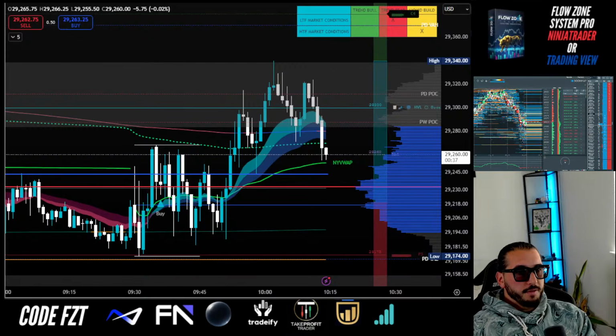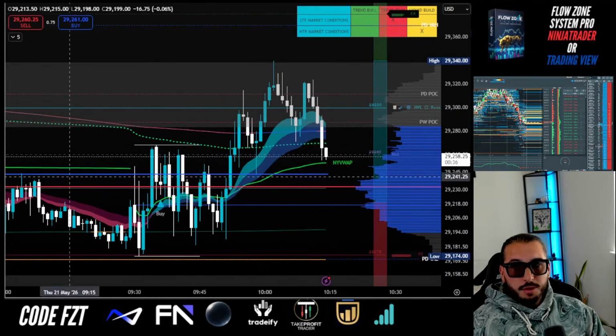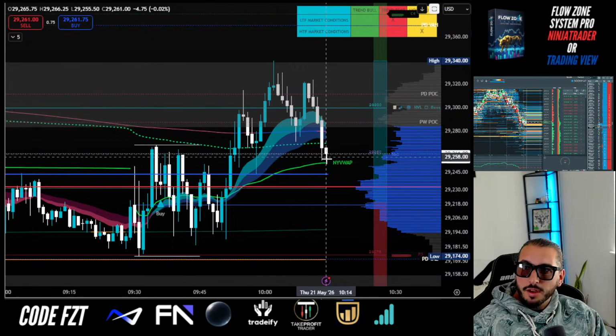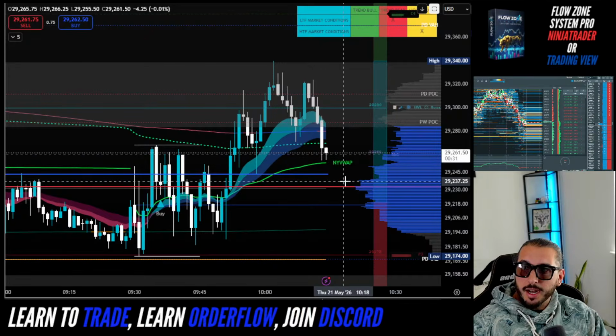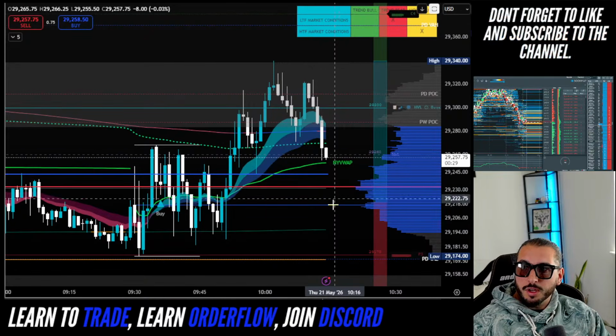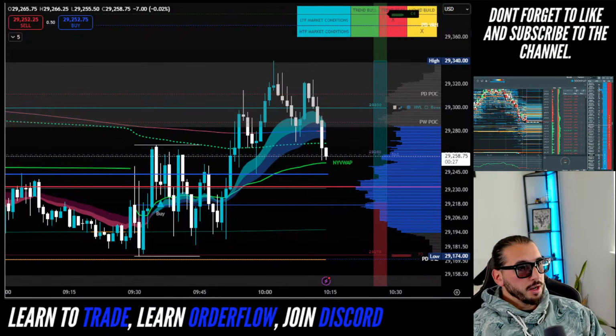And I'd say if they can't reclaim VWAP here, we're going to rotate this whole thing. If they get stuck between these two, we can rotate back down 137s, 130s, and then all the way back down to the lows again. Here we go.